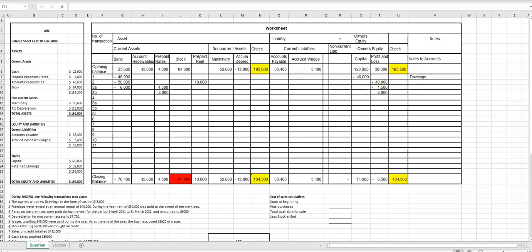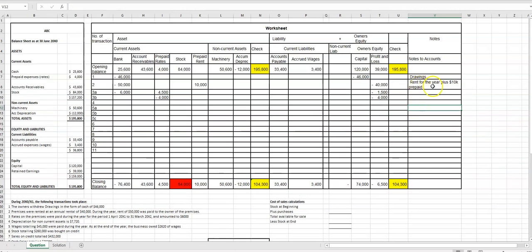So for here I would probably put something for our first transaction, which was rent for the year plus, and I'm going to put in 10,000 prepaid, so that tells anyone who is coming along what's actually happened there.